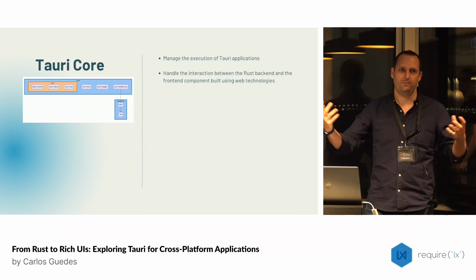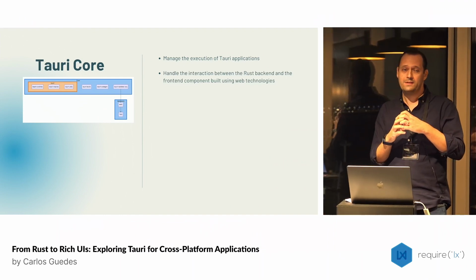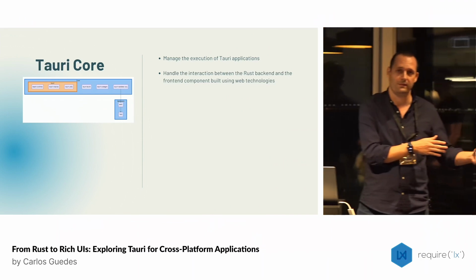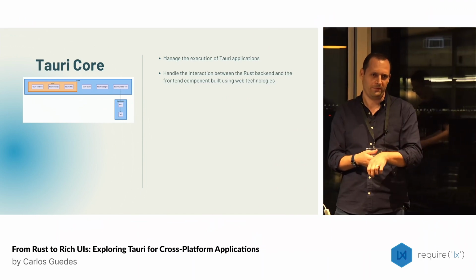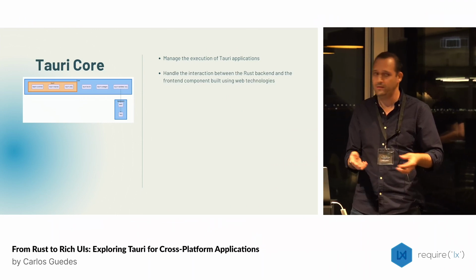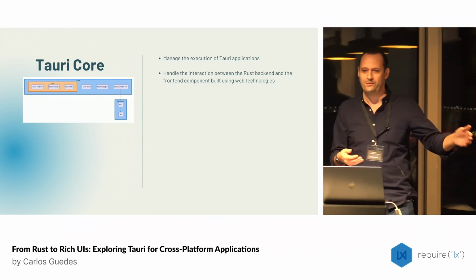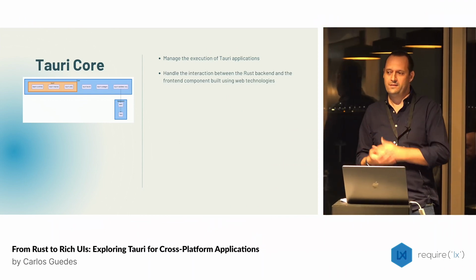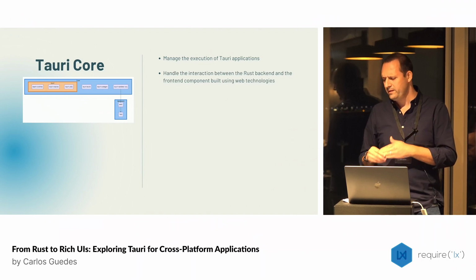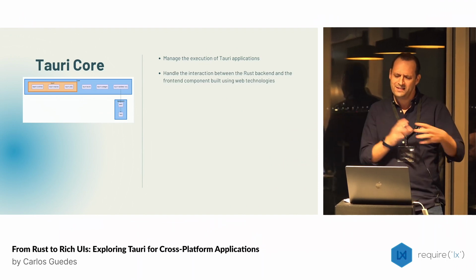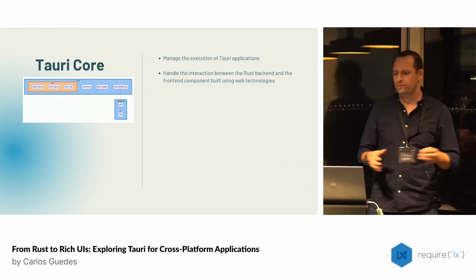It's like the platform and connects everything together and handles the interaction with the system-specific parts that need to be implemented for the different platforms, like the window management. You can guess that they are different across Linux, all the Linux variations, and also macOS, and all the others. And that interaction needs to be done by someone. It's done through Tauri core.